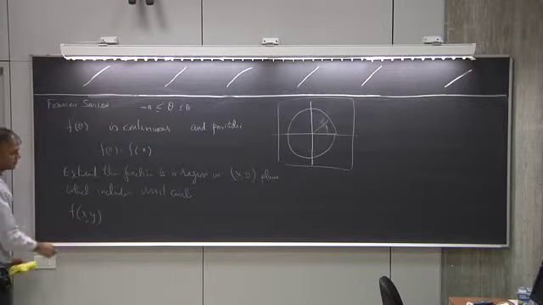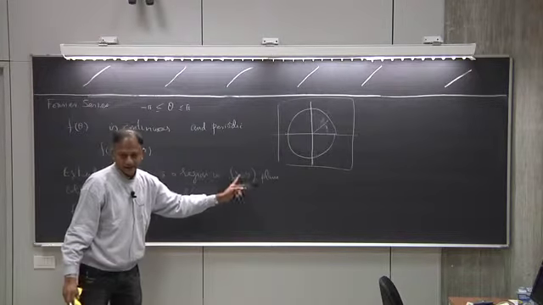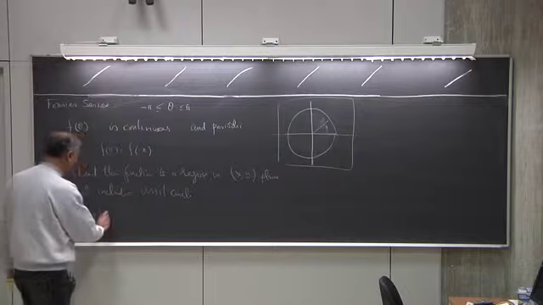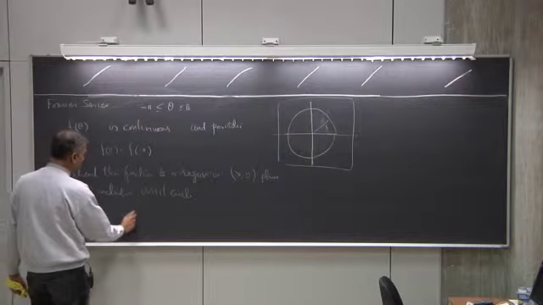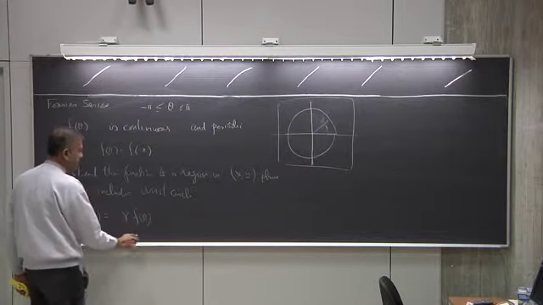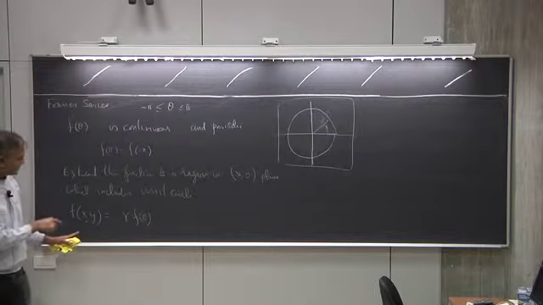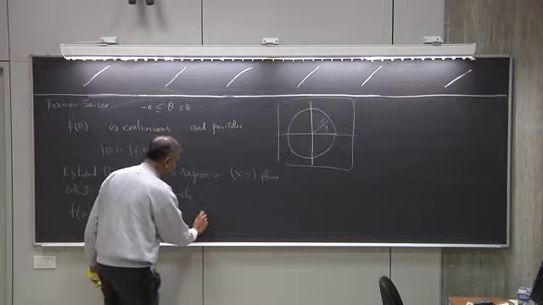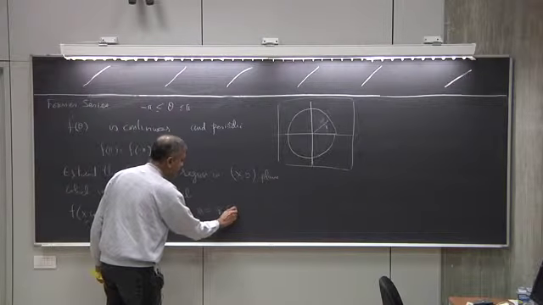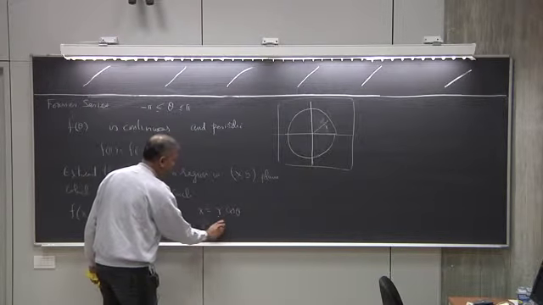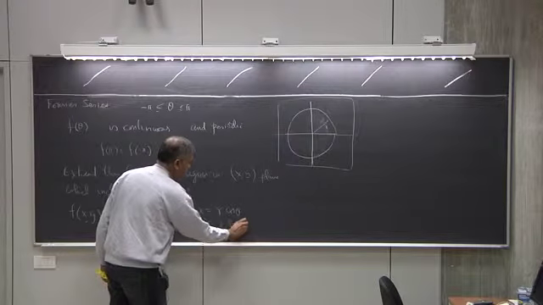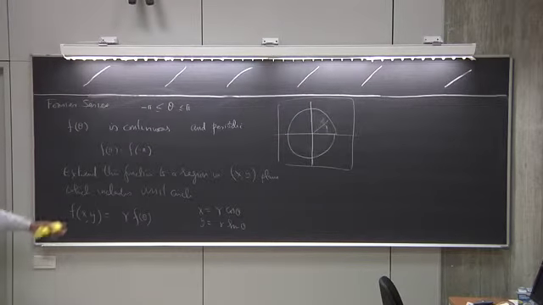I define a function now as a function of x and y, two variables, as simply r times f of theta, where r and theta are the polar coordinates for x and y. In other words, x is equal to r cosine theta and y is equal to r sine theta. So, I can define a function like that.